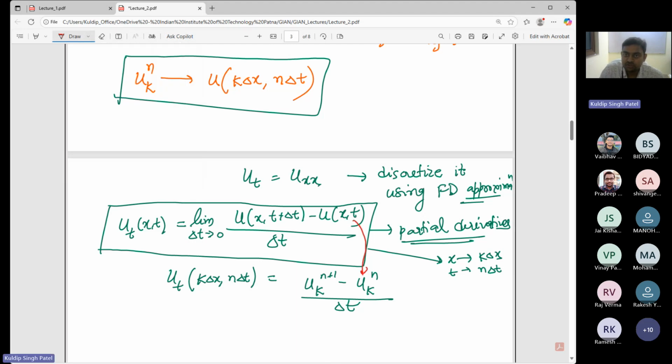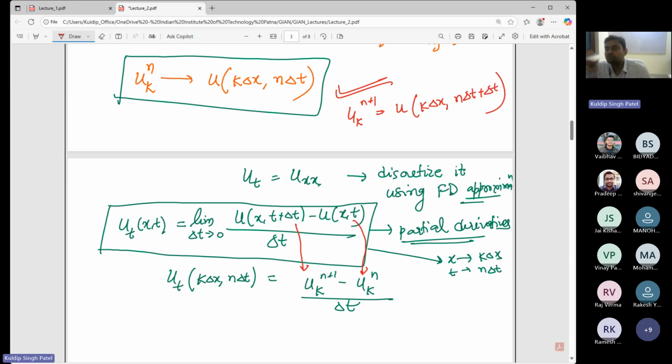You get u k n, because u at k delta x and n delta t is nothing but u k n, and this one will become this. Why would it be n plus 1? Because here it is t plus delta t, one more step. So suppose you want to find u k n plus 1, that means u at k delta x comma n delta t plus delta t.